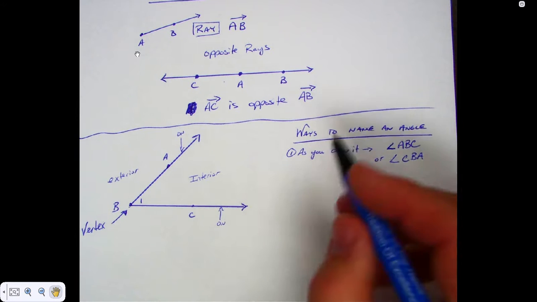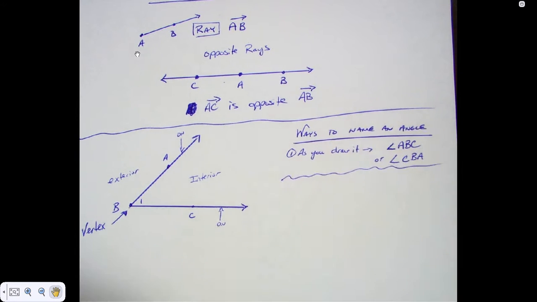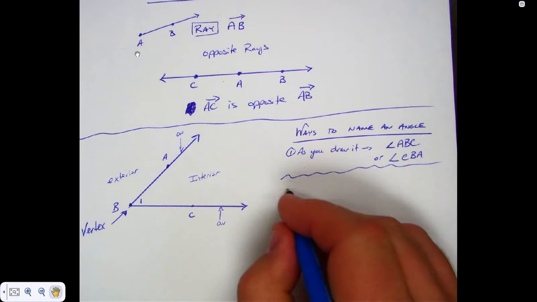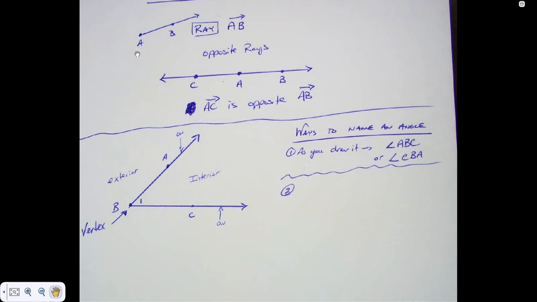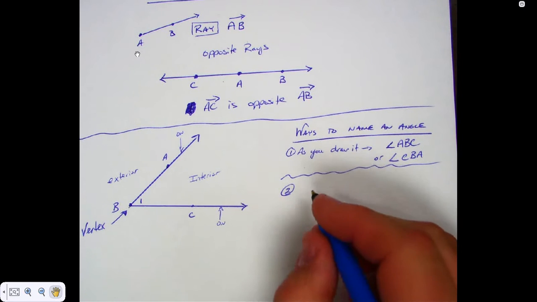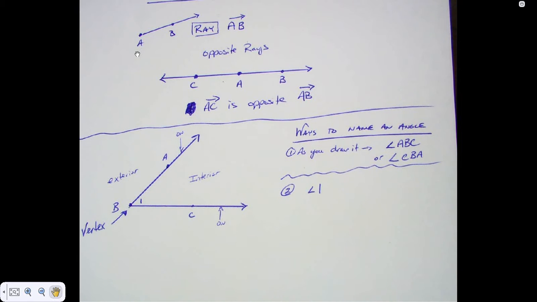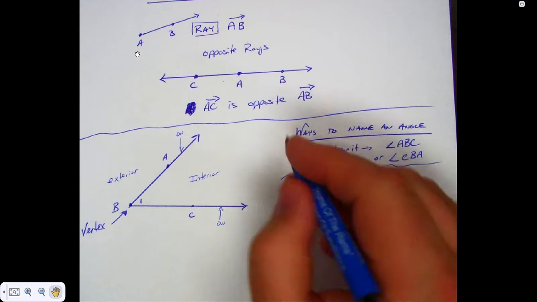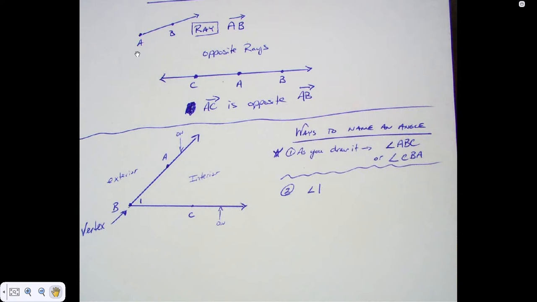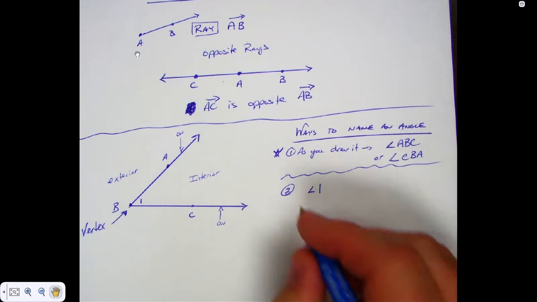The biggest thing I want you to understand is the ways to name it, because that's where people have problems. Another way to name an angle is to say, if there is a number in there, and I wrote a number in there, that's angle 1. However, this method up here is the only foolproof way to name every angle.